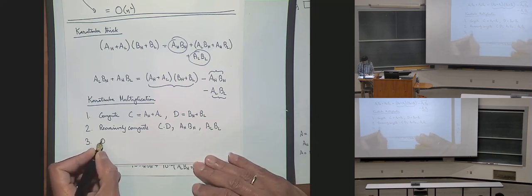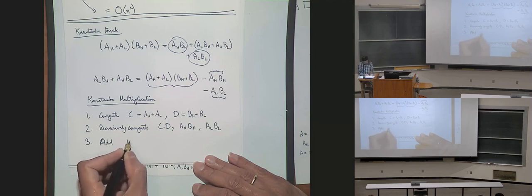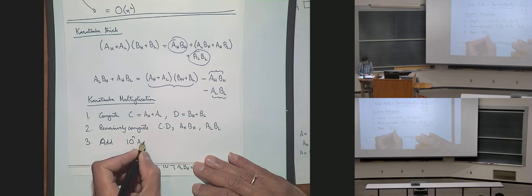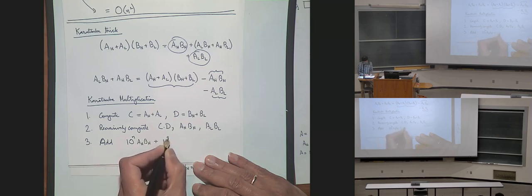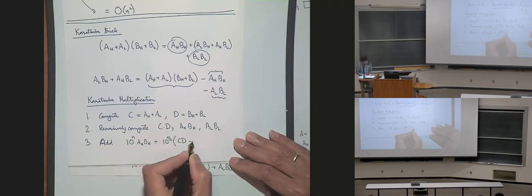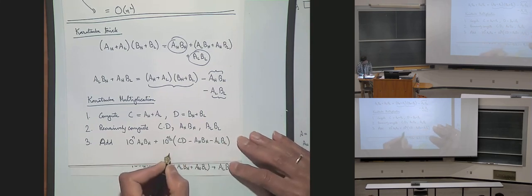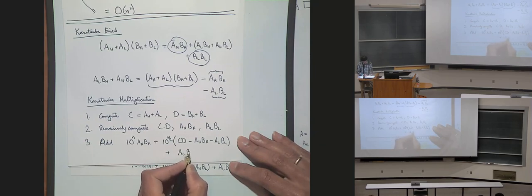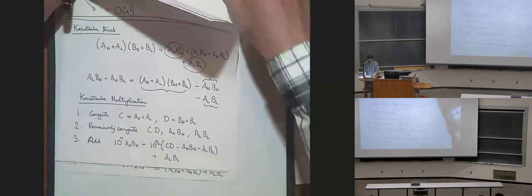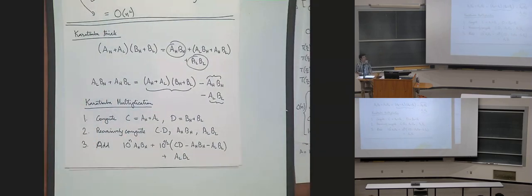Then you basically add: 10 to the n AH, BH plus 10 to the n over 2 CD minus AH, BH minus AL, BL plus AL, BL. Does this make sense? Right? So you got that middle part. Instead of doing 2 multiplications for it, you just did 1 multiplication, but there's some extra work in terms of the additions. But that addition, that's just like an O of n term.